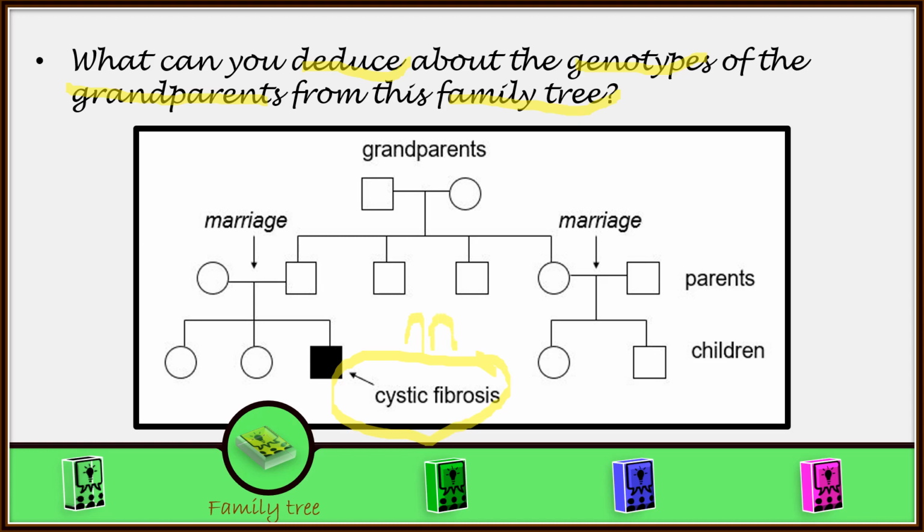And when you look at the parents, the grandparents are normal. Even the children are normal. But one of the grandchildren is affected by cystic fibrosis. So what do you deduce about the genotype of the grandparents from this family tree?